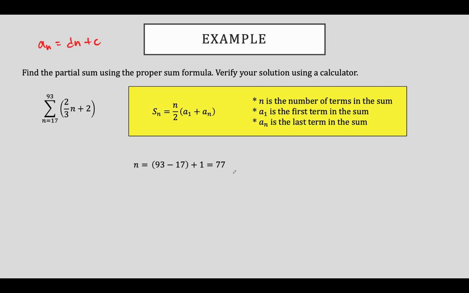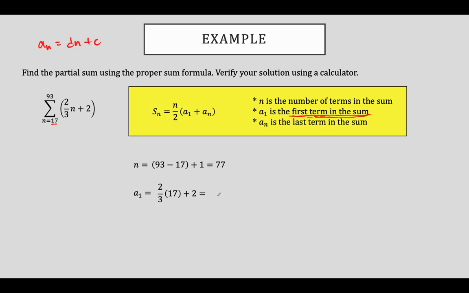So we have n. n is equal to 77. Now we have to determine a1. Again, a1 is the first term in the sum. Read that very carefully: the first term in the sum. And this summation actually begins with n equals 17. So to find the first term in the sum, we are going to plug in 17. That's 2/3 times 17 plus 2.